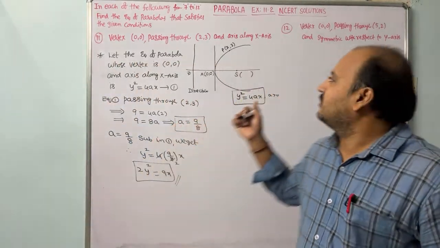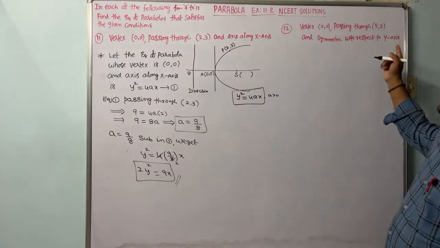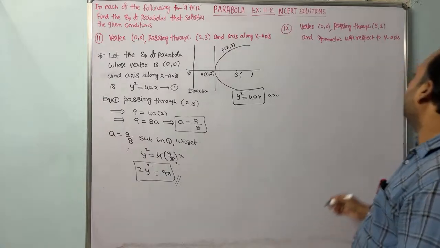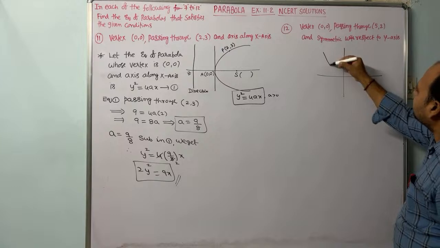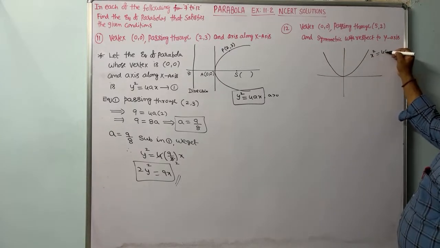We'll move to the last question in this session. Vertex is 0, 0, passing through 5, 2 and symmetric with respect to y-axis. Symmetric with respect to y-axis means the figure will come like this, dear students. This equation is x square is equal to 4ay.